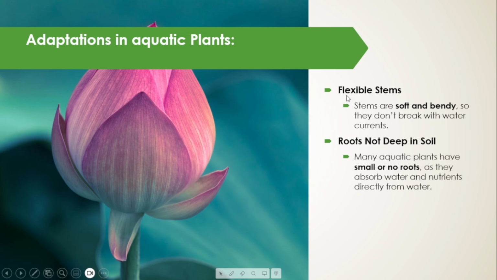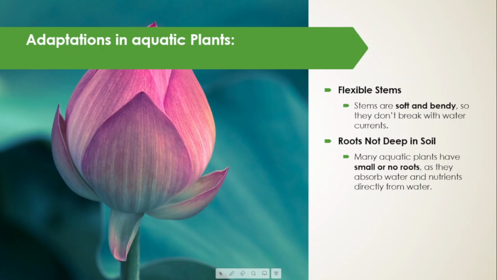Next, they have flexible stems. Stems are soft and bendy, so they do not break with water currents. As we know, in an ocean or a water body, the water keeps flowing.